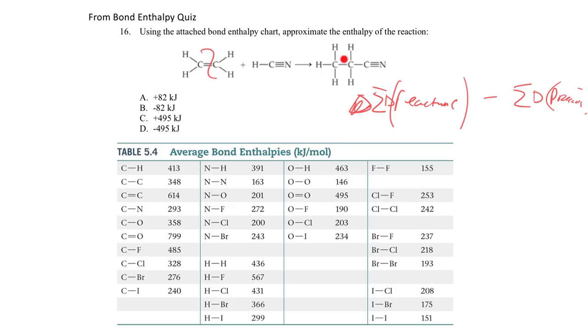So the only thing I'm making here are the 2 carbon-carbon singles. So I'm breaking the 614 kJ per mole for the 1 bond, and then I'm forming 2 times the carbon-carbon single bond of 348. So it should be 614 minus 2 times 348.